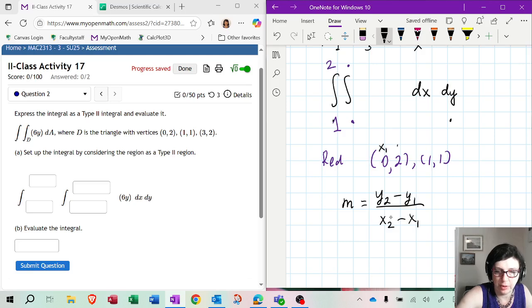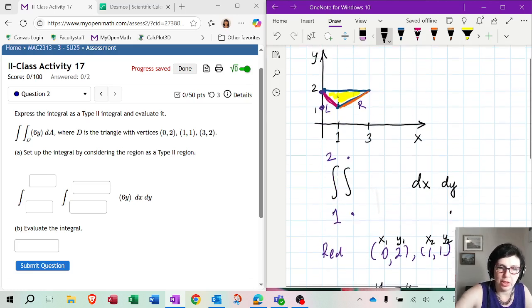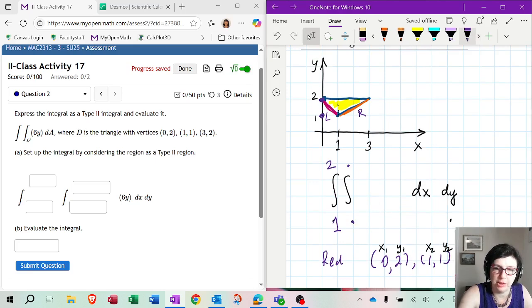So this is 1 minus 2 divided by 1 minus 0, which is negative 1. The y-intercept formula is y1 minus slope multiplied by x1. So y1 is 2, subtract negative 1 multiplied by 0, and that will just be 2. You can also see that the red line intersects the y-axis at 2.